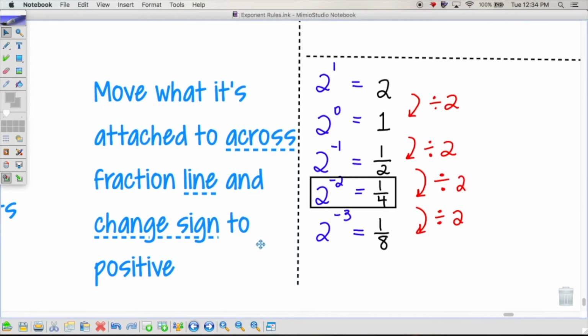If there is a negative exponent, you've got to move what it is attached to across the line and change the sign. Move negative exponents, not negative numbers, across the line and change the sign. Only what it is attached to. Okay, so copy that down.